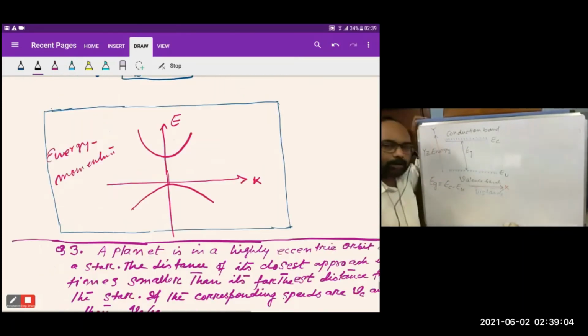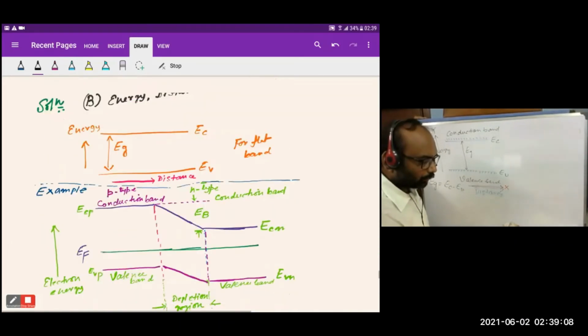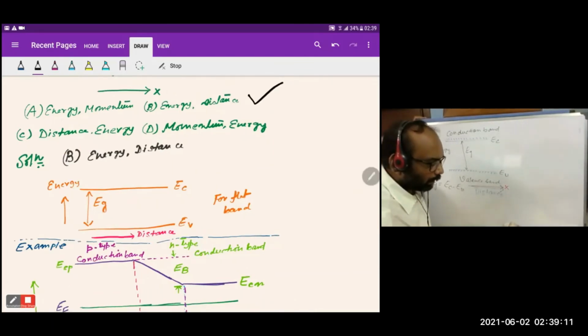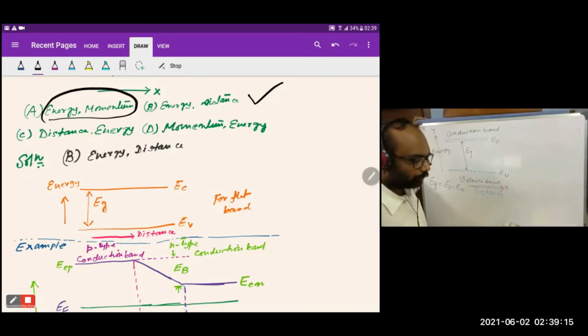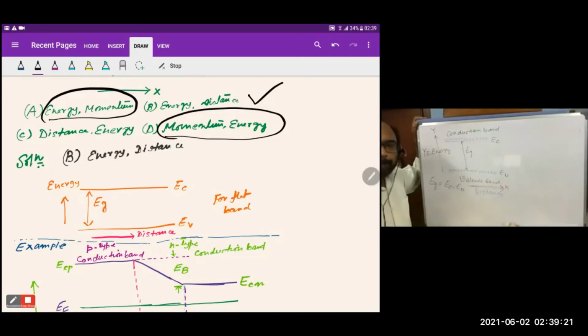Now the question is, there is another option, which is energy momentum, that is option A, and also momentum energy, which is option D. So energy is the y-axis.